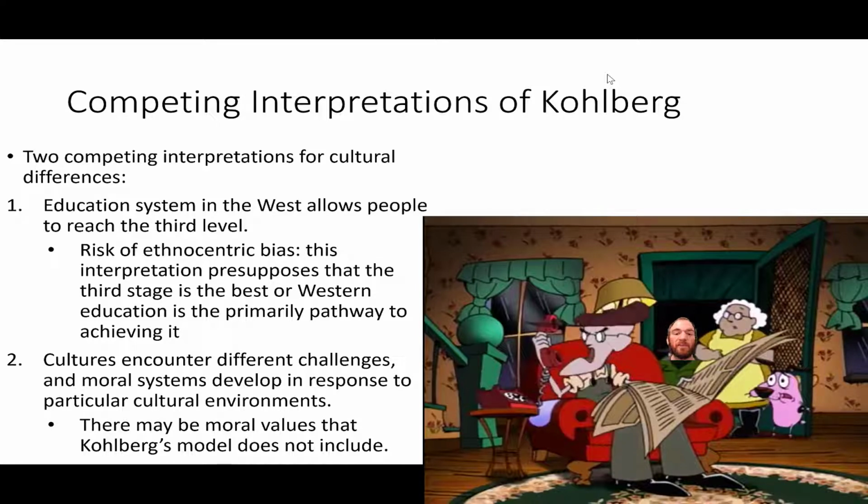The first explanation is that the educational system in the West allows people to reach the third level. Although this explanation is maybe ethnocentric, in that it presupposes that the third stage is the best stage, and that the primary way to reach that stage is through Western university settings.